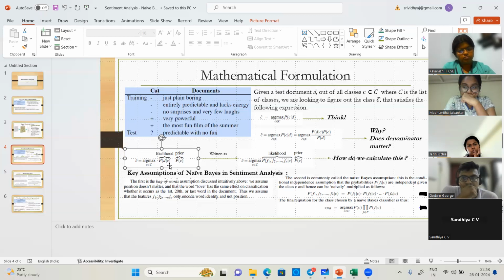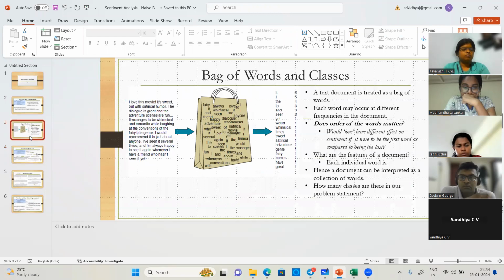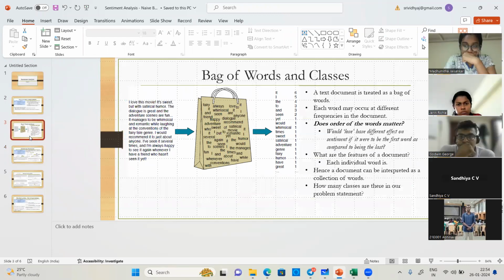How do I figure out P of D given C? P of C is very easy to determine, right? We've already figured it out. But the challenge here is, how do we figure out P of D given C? Now, the way to do that is, we can express the document, that's what we were talking about here. We're going to express the document as a bag of words, right? And each word is a feature.